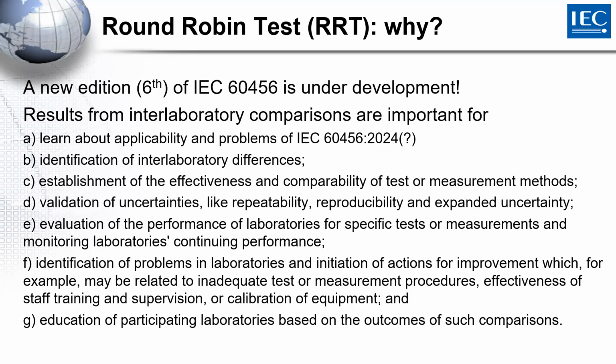So there is also a lot of learning possible on your side, not only on our side, which are performing and producing the standard. So there are many good reasons why one should do a round-robin test. And we are happy that a lot of laboratories did agree to take part in this round-robin test.